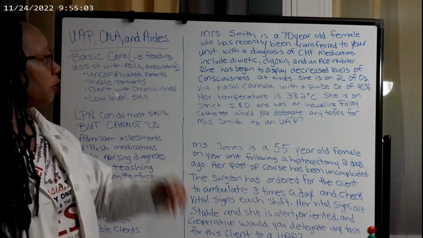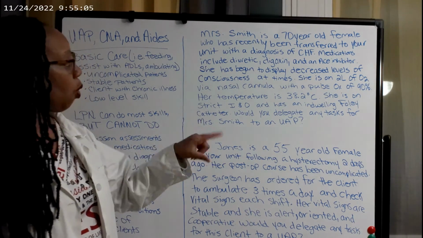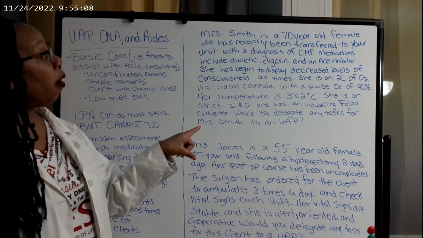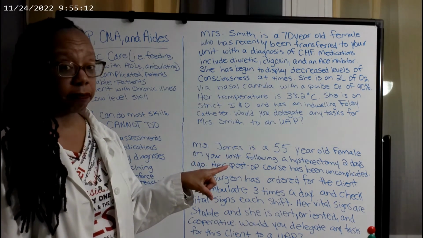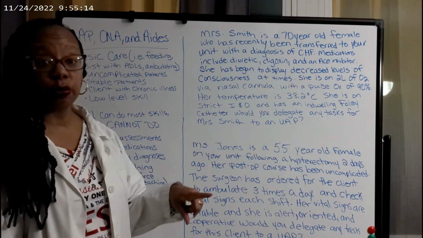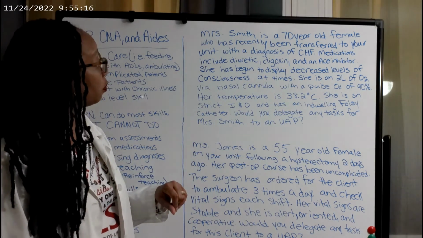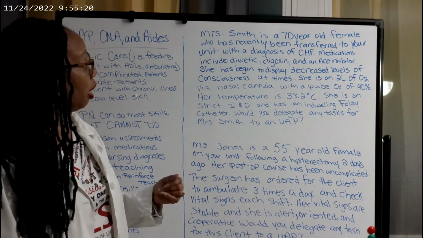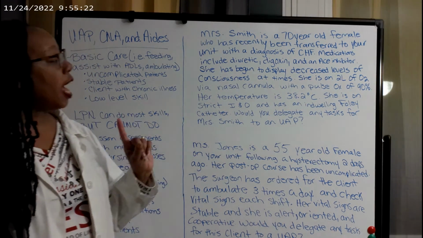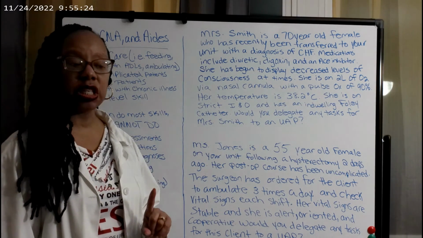So let's break this question down. What's going on with this patient? Well, they were just transferred to the unit, so they're new to your unit. They're on a diuretic, digoxin, and ACE inhibitors. This person has decreased levels of consciousness.